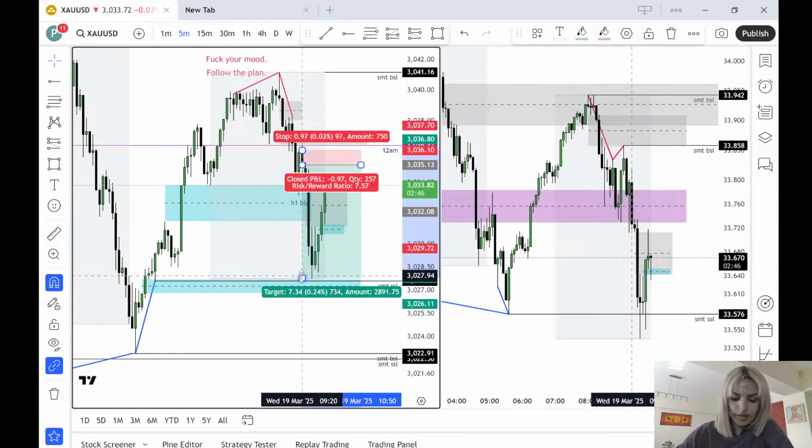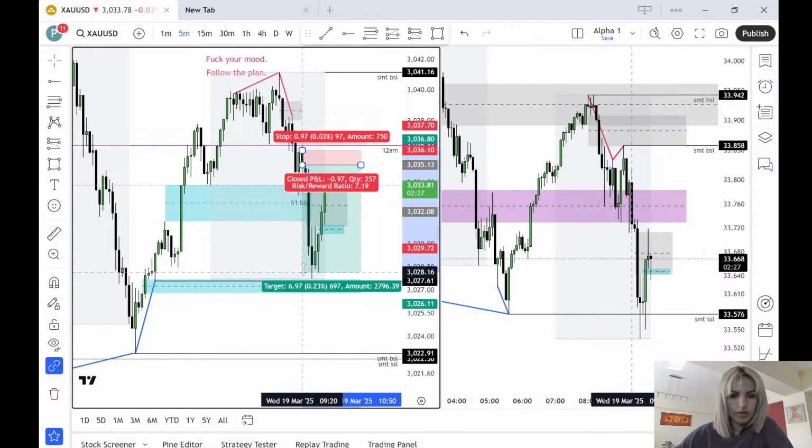Okay, let's see here. Where did I get out? So my entry was 3035.13, and my first exit was 3030.23. All right, so let's just make that reflect here. 3030.23. Wow, I got out really, really early, didn't I?